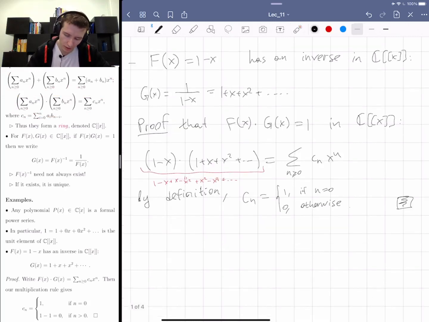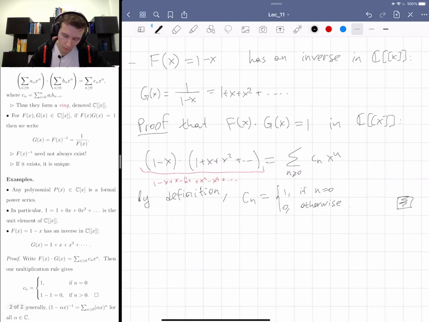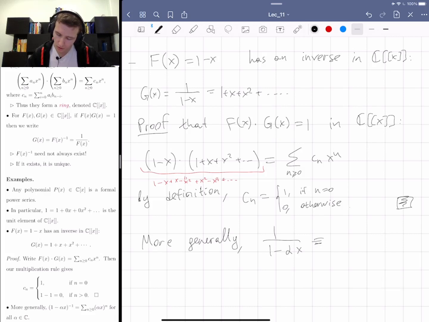Let me also mention the more general formula, which is very useful. The same proof shows that if you want to invert 1 minus alpha x, the result is just going to be the sum of alpha x to the n for n greater than or equal to 0, for all complex numbers alpha.